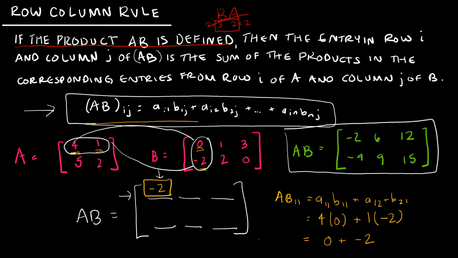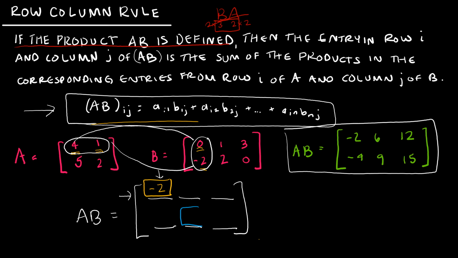So let's do one more example just so that we're all satisfied and agree, and then we won't continue through that whole example since we already know the answer. So let's do this little guy right here. We know the solution already is 9. So this would be AB22 because it's the second row and the second column.